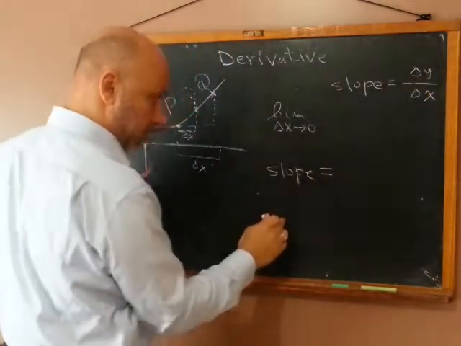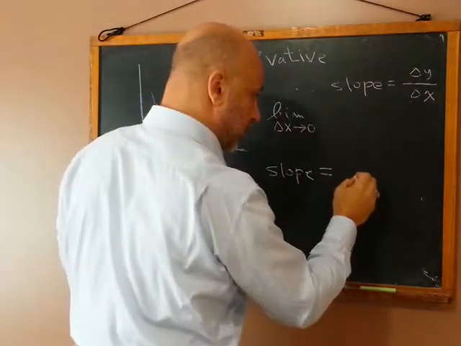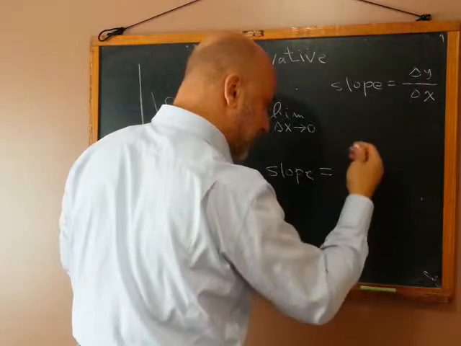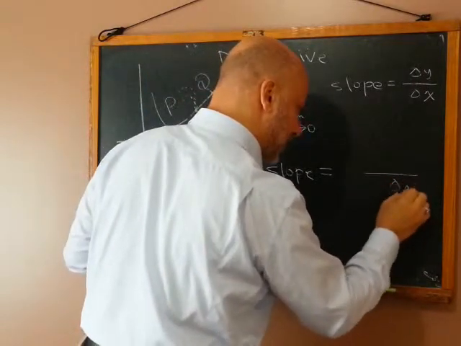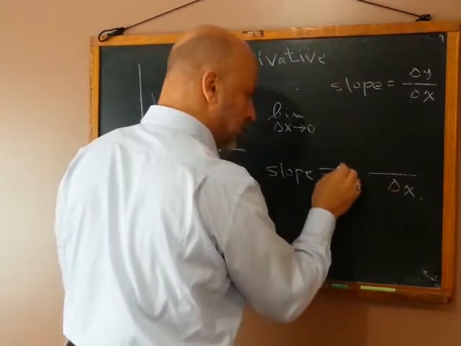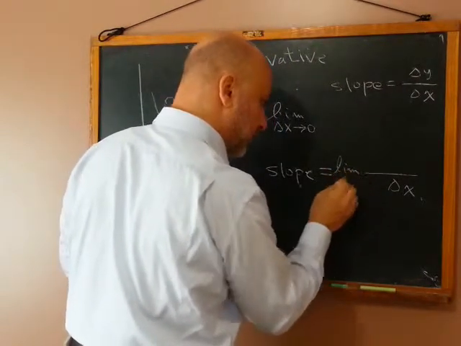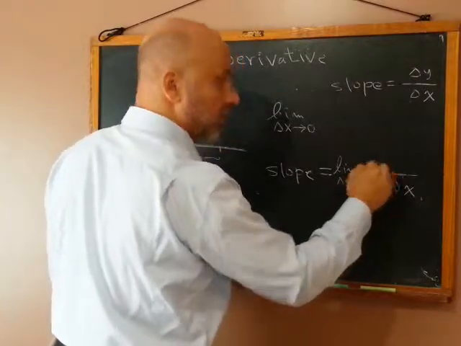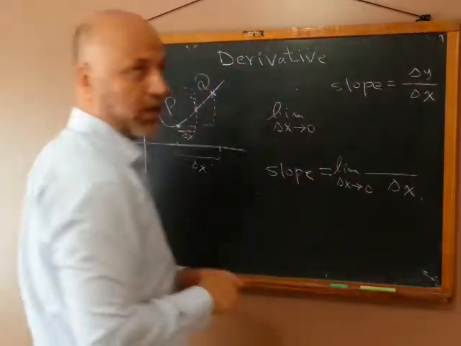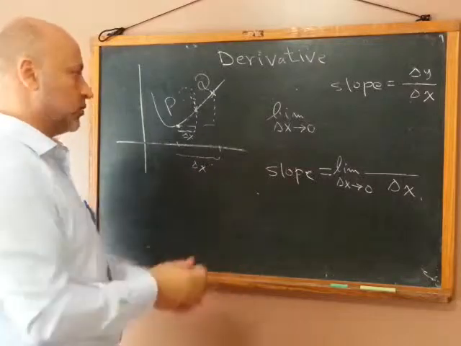Because we had 2 points. Here we have a single point, but it will be something like that. It's delta y over delta x, but this delta x is very close to 0, so we need the concept of the limit. We say the limit when delta x goes to 0 of delta y, which is y2 minus y1.